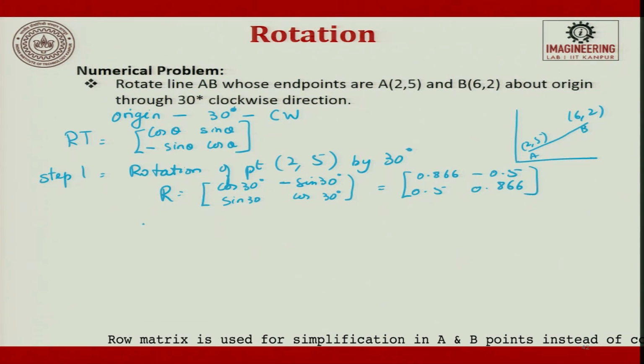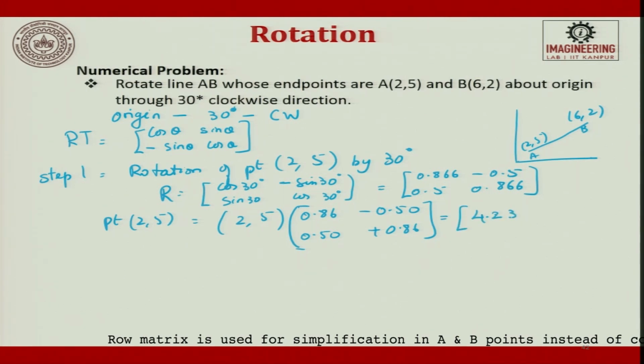Now, when you multiply it with the point 2 comma 5, this is nothing but 4.232, 3.33.